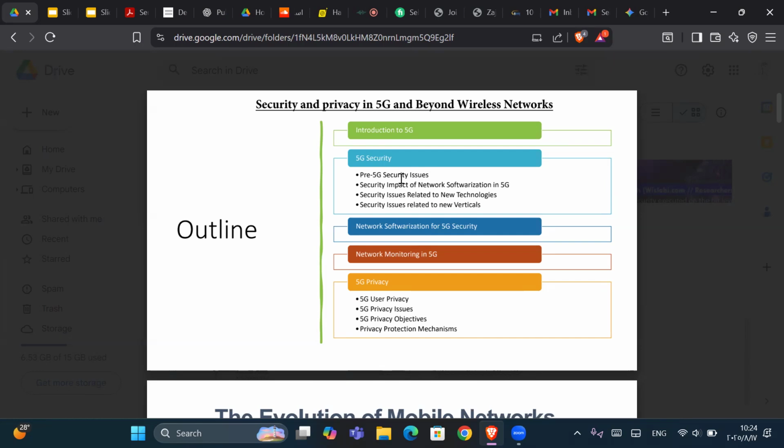So what are the topics that we are gonna talk about here? We will introduce you to 5G, give you a brief overview about this system, and then talk about 5G security, mainly pre-5G security issues. What are the issues before 5G? Security impact of network softwareization in 5G, security issues related to new technologies, security issues related to new verticals.